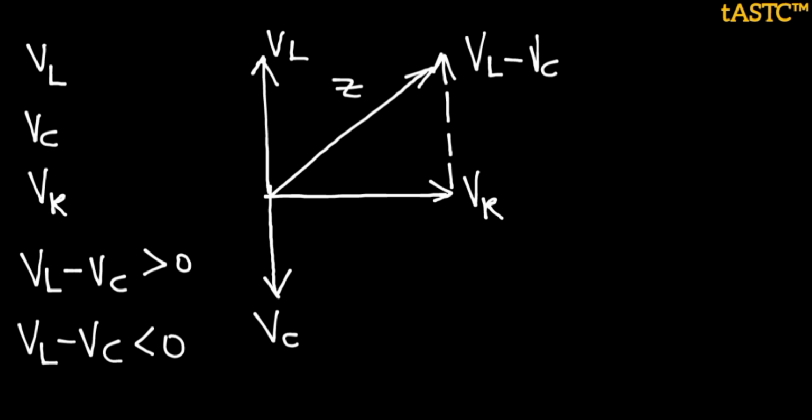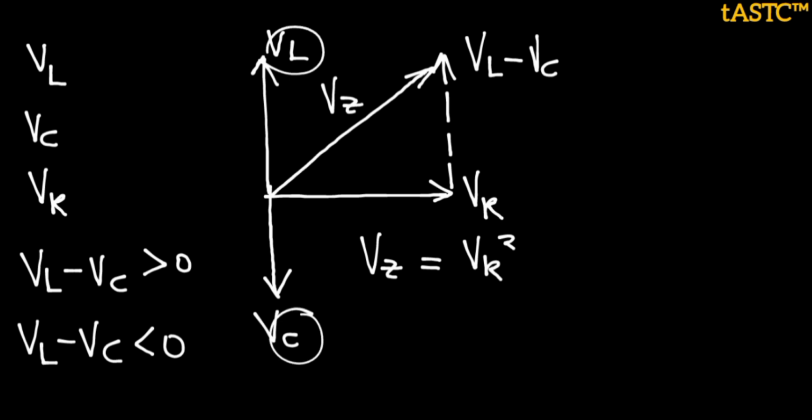Now from the Pythagorean theorem, Z squared should be equal to V R squared. Well, so instead of writing this, I needed to make these a V sub Z rather. So this is going to be V sub Z. This will be the total voltage as a result of all the elements or devices present within the AC circuit, that is the inductor, the capacitor, as well as the resistor.